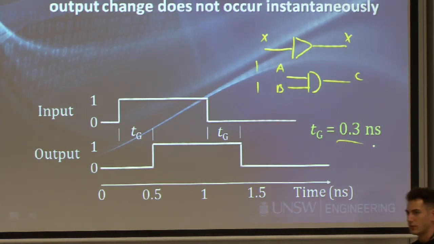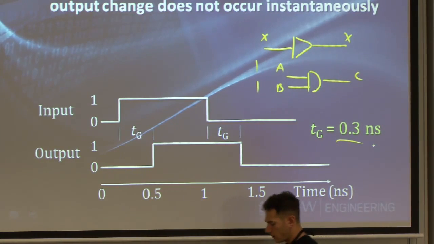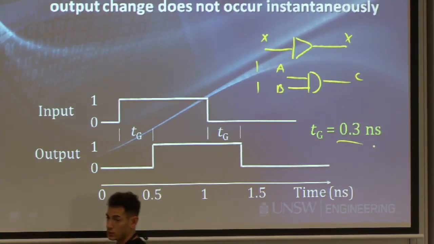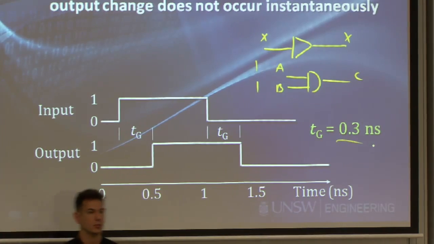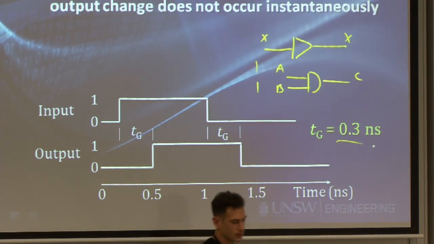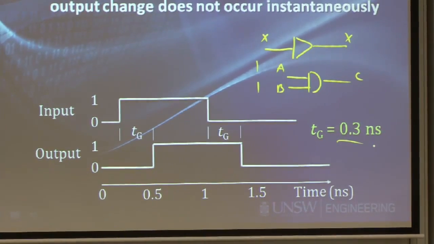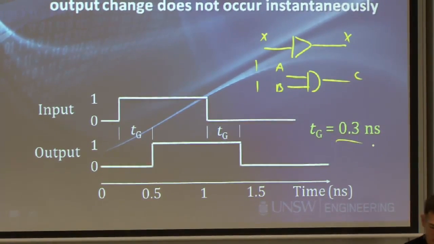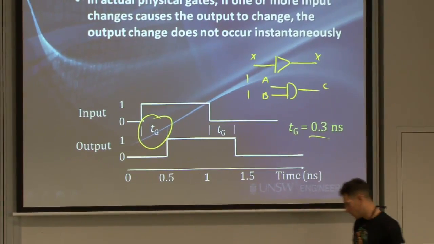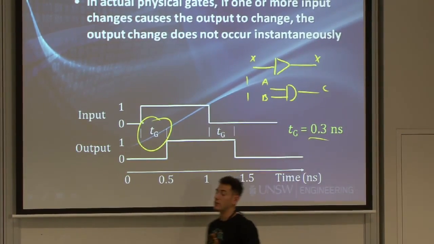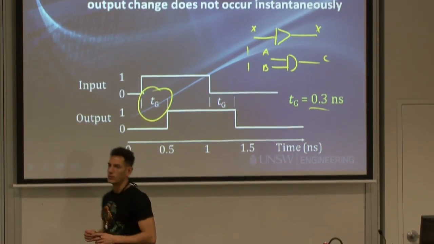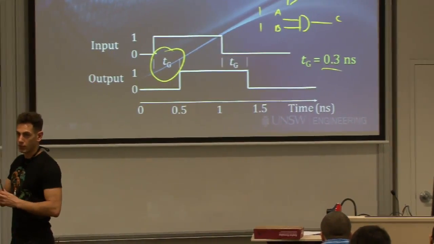And not all gates have the same propagation delay. It depends a lot on the technology which we use. There are different technologies to implement logic gates. So there are all these things that come into account. Usually when we talk about a general gate delay, TG number, it's there to give you some figure of either the slowest possible change.